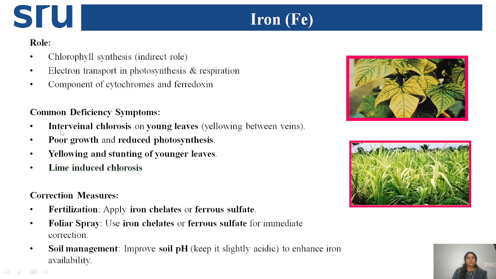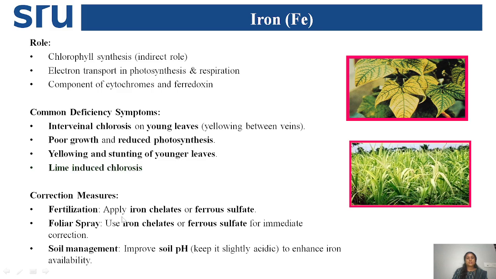Because of iron deficiency, the plant has reduced photosynthesis, because no chlorophyll directly affects photosynthesis. Interveinal chlorosis means yellowing, and lime induced chlorosis is almost lime colored. Here you are observing veins in green color, and in the middle between the veins the leaf turned yellow. This is known as interveinal chlorosis in the younger, growing leaves.